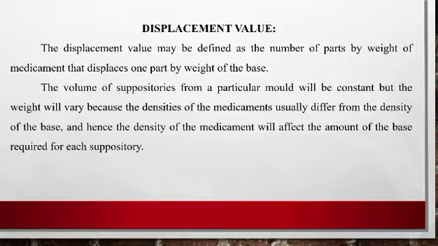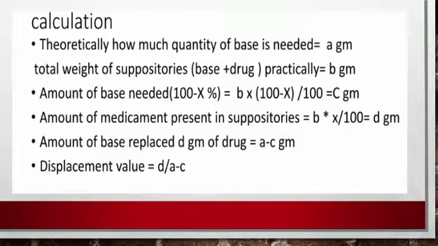So with the help of the density we can easily find out how much base is required for each suppository. With the help of the displacement value we can easily find out the number of parts by weight of medicament that displaces a part of base in the suppository mold, which is very important in identifying the amount of base required for the preparation of suppositories.